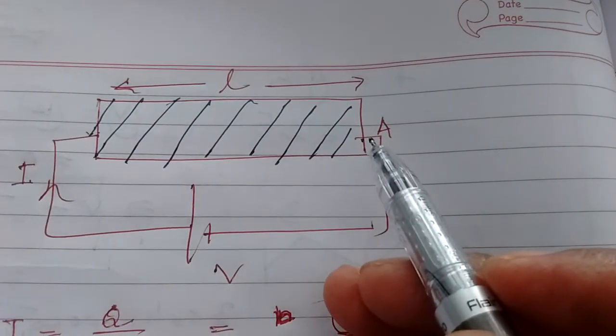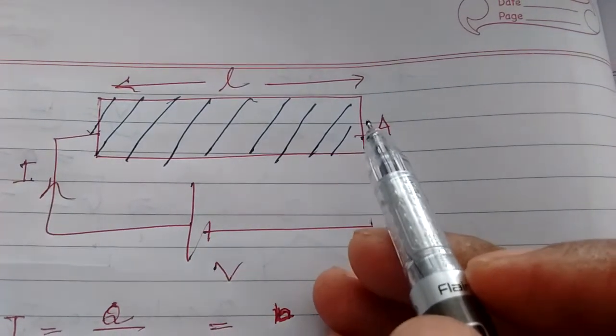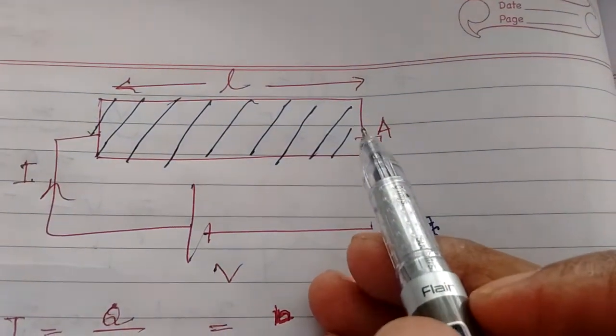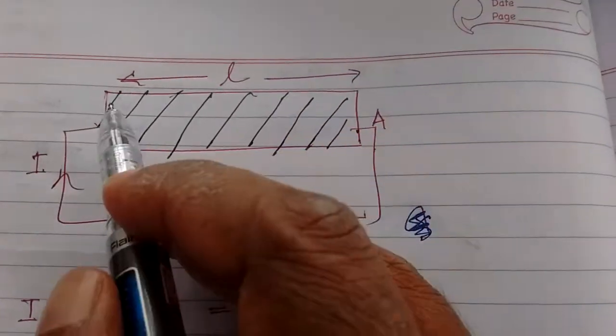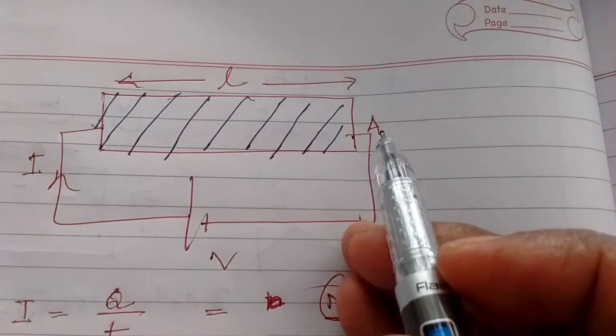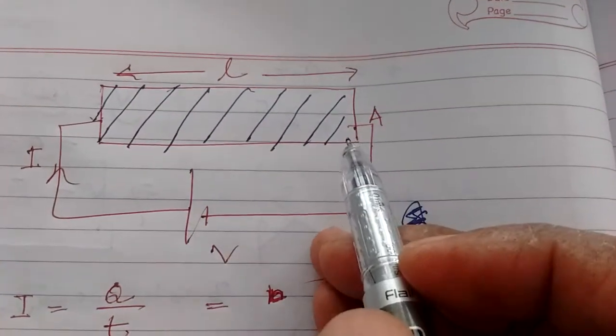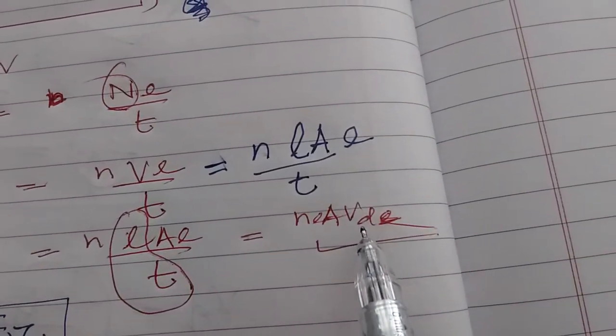Then what is the value of that drift velocity? We already know that the electron will take time t to move from this end to this end, and length of this path is L. So velocity of electron will be length by time. So L by T is nothing but Vd.